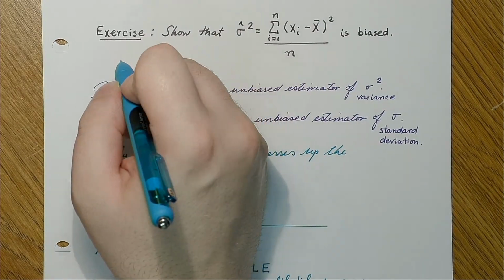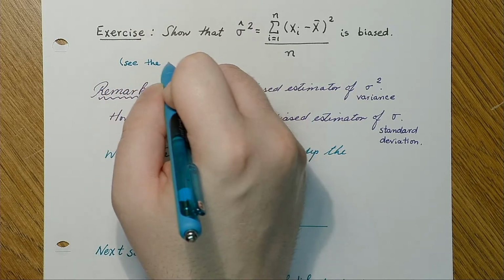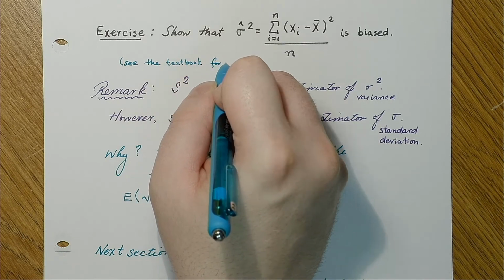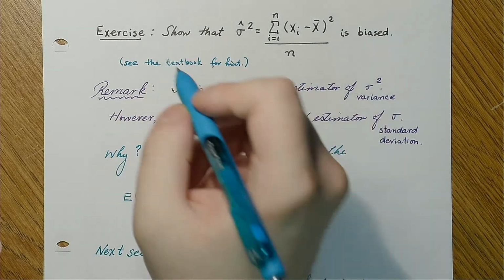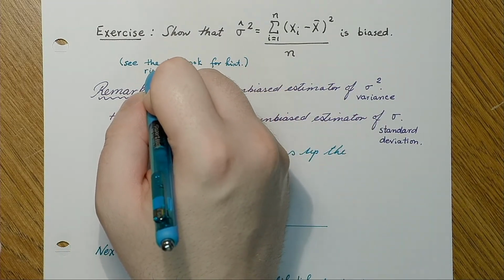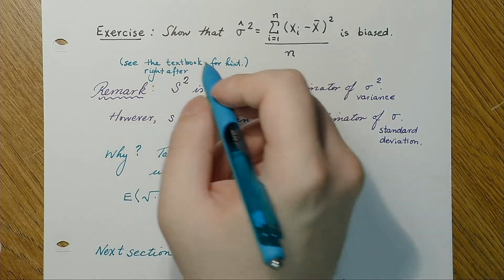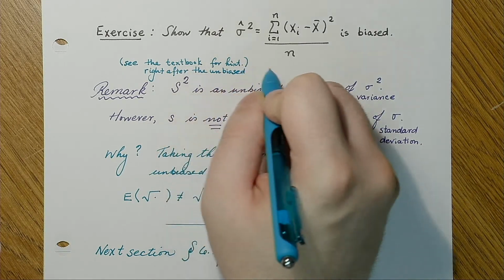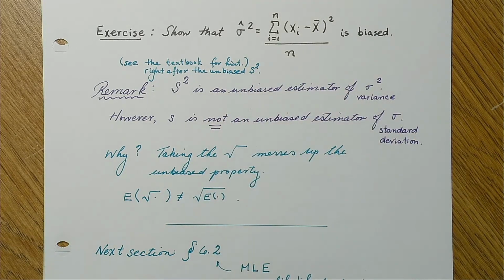And if you get stuck, see the textbook for a hint. Okay, this is right after the unbiased sample variance.